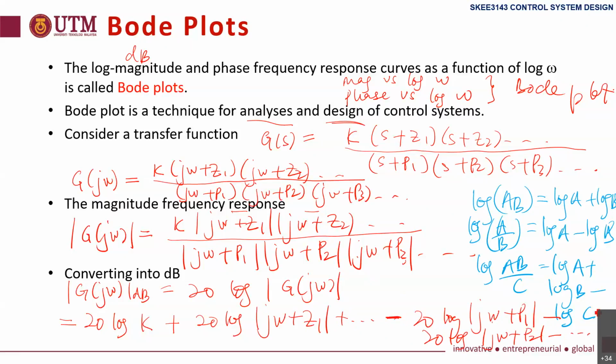So it will be 20 log K constant plus all the zeros minus 20 log of all the poles.